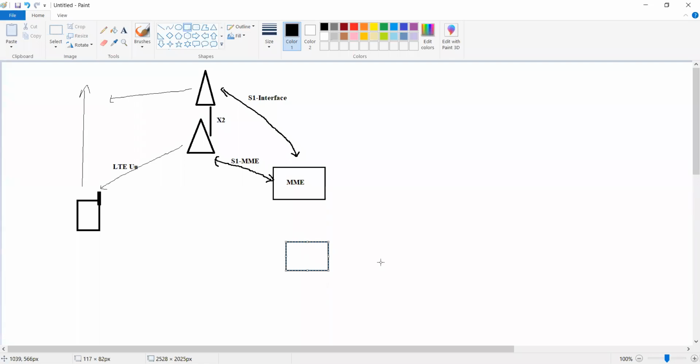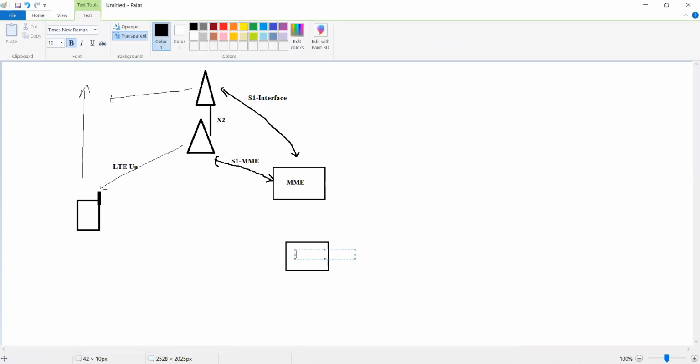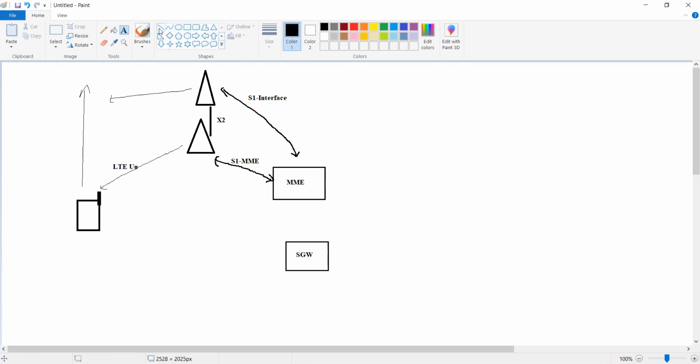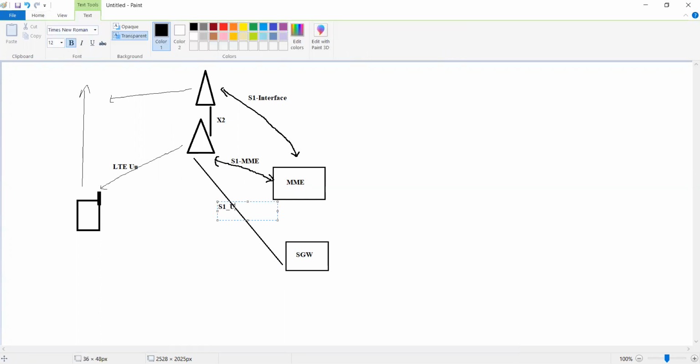So suppose this is my S gateway, and this eNode B is connected to this S gateway via the S1 user interface, the S1-U interface.